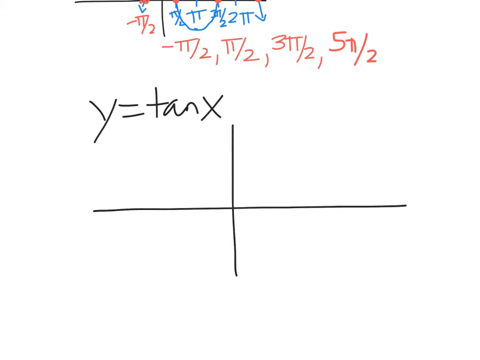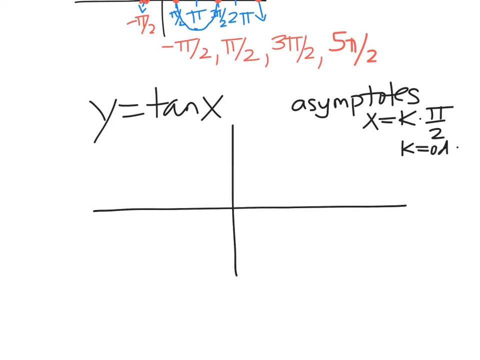Since tangent is undefined at all of those spots, for basic tangent you're going to have asymptotes at x equals k times pi over 2, where k is an odd integer. So all the odd integers for pi over 2.